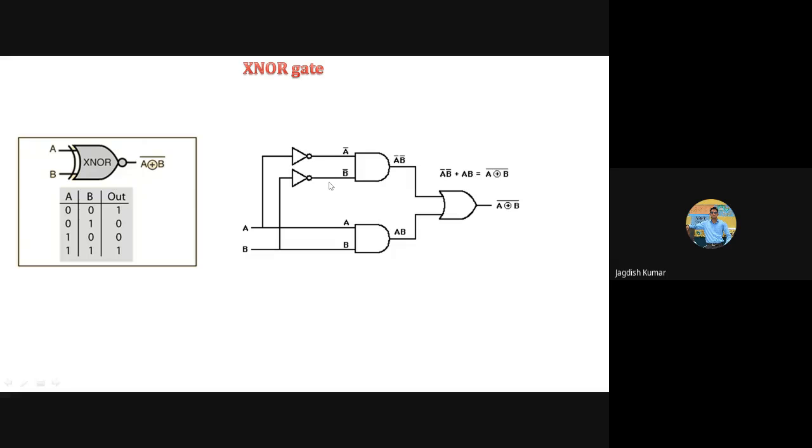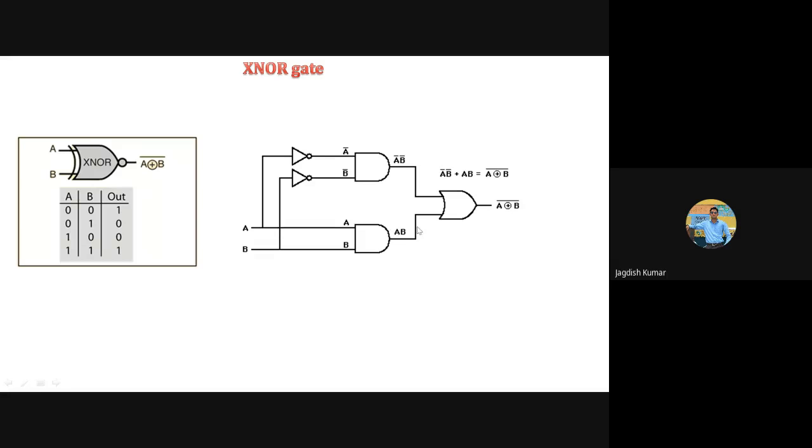So here you have A and B as inputs. They are being inverted, I mean the NOT operation. And then to this AND gate goes A bar, B bar, because they have been inverted. So this A bar, B bar represents the output of this gate.